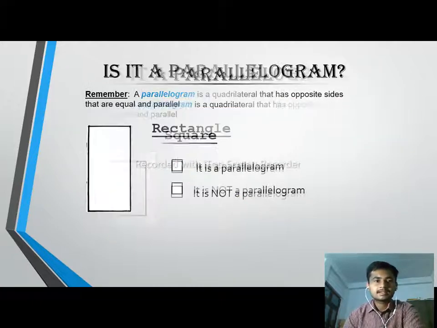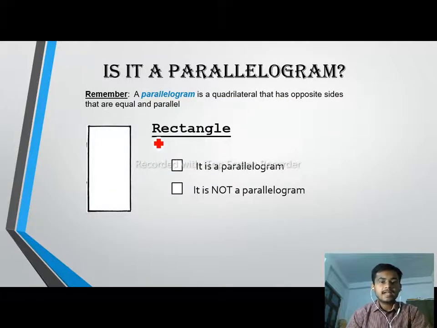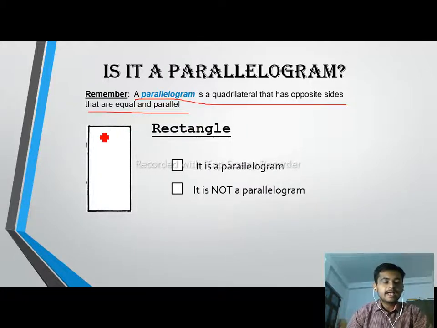Now let's see, is a rectangle a parallelogram? Remember always the definition: a parallelogram is a quadrilateral that has opposite sides that are equal and parallel. Now a rectangle has four right angles. We have discussed the properties of a rectangle, and its opposite sides are equal and parallel. That is why it is different from a square.